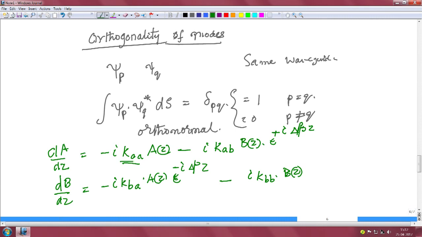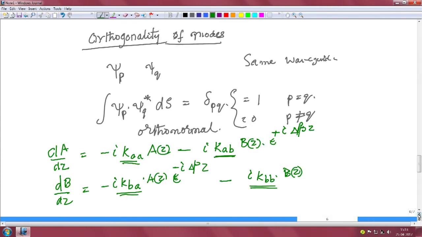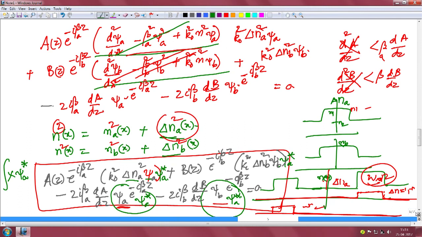The constants KAA, KAB, KBA and KBB contain the factors of overlap. So, I will try to use the previous expression to manipulate and then show that once again. I will erase unnecessary fields and then try to manipulate this equation.